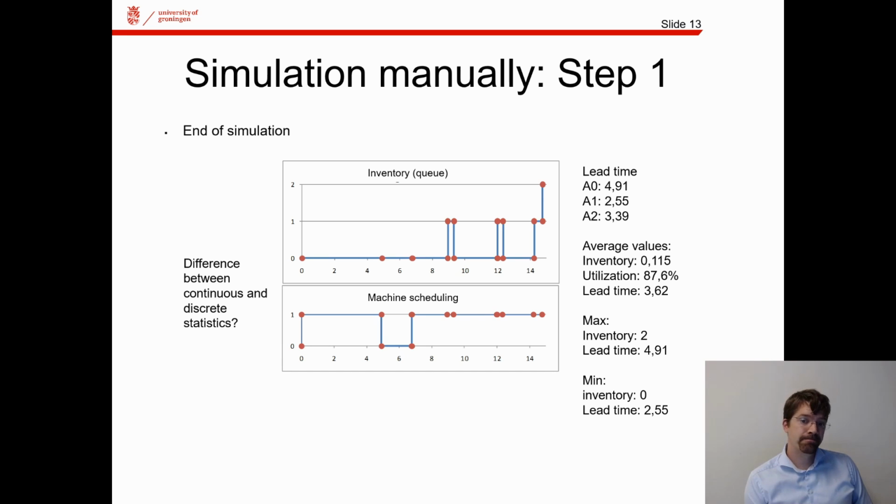And if this would not be allowed, orders cannot be accepted, and the customer gets unsatisfied because he does not get the product when he has ordered it. The same goes for the lead time. So the maximum lead time is 4.91 and the minimum lead time is 2.55.